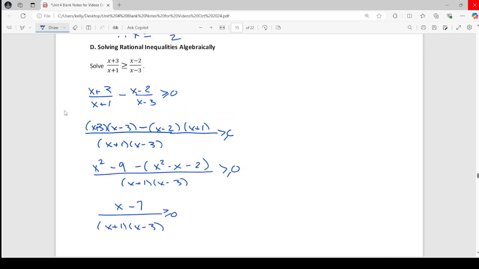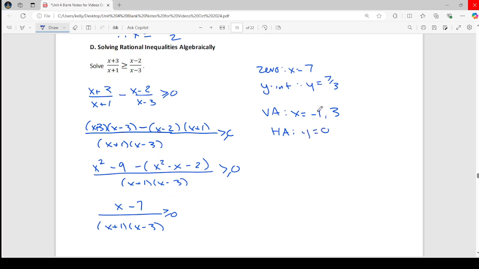We could try that. So it's got a 0 at x equals 7. It has a y-intercept. I'm using this one. And plugging in 0 for x, I get negative 7 over negative 3, so a y-intercept at 7/3. There are VAs at minus 1 and 3 from the denominator. And the HA is, we've got an x divided by an x squared.